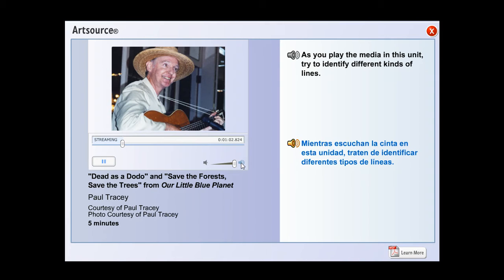Dead as the dodo. That's a no-no. Every creature we insist has rights to exist. Did you ever get way up yonder? Did you ever see a soaring condor? I doubt it, there are very few from LA Zoo to Timbuktu. When they're gone, we'll say, dead as a dodo. That's a no-no. Every creature we insist has the right to exist.